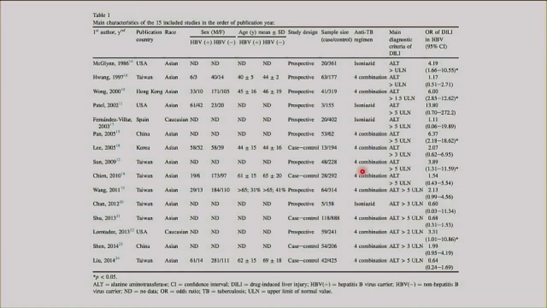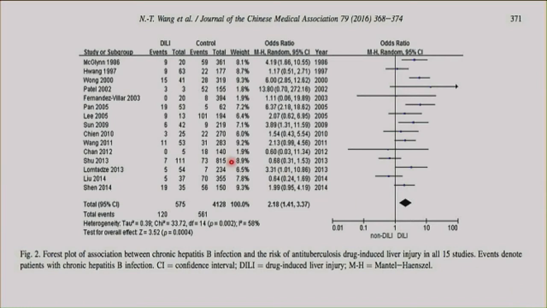We can see here with the TB combination drugs, or even only one drug, can also cause an increase of ALT. It shows that DILI with anti-tuberculosis is prone to be hepatocellular injury.